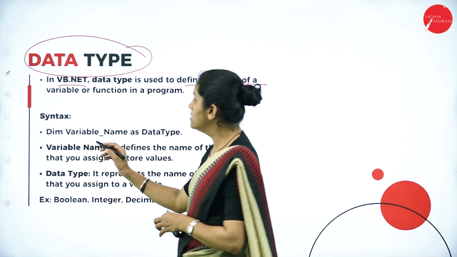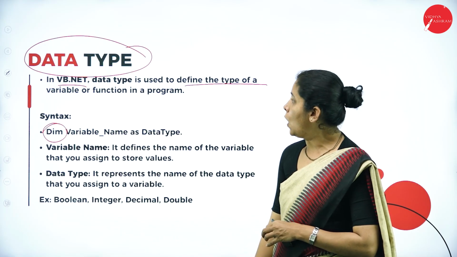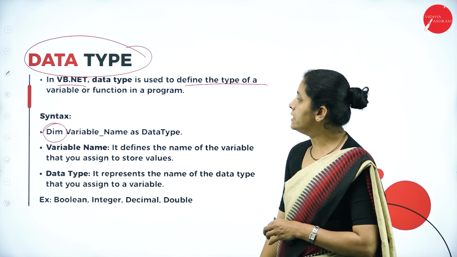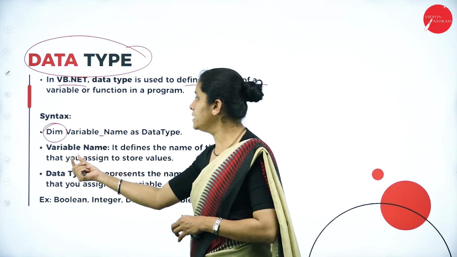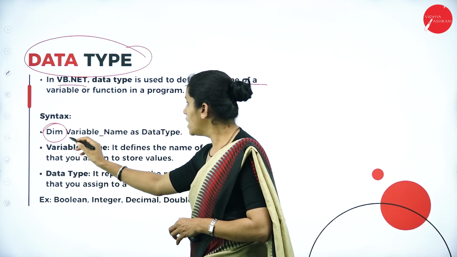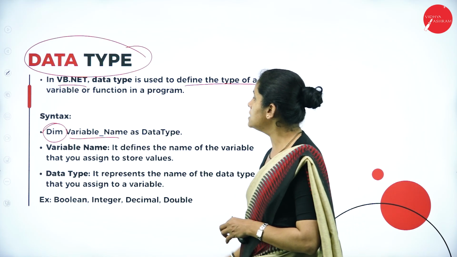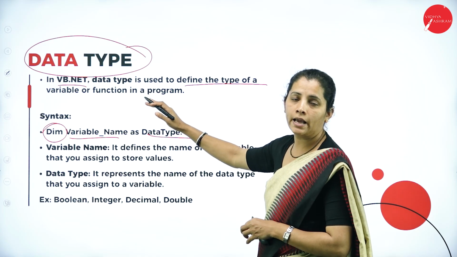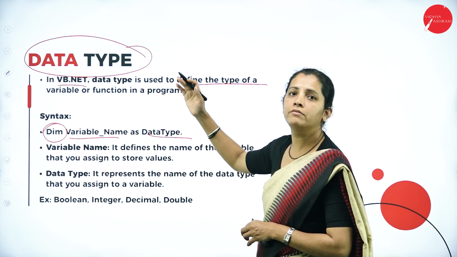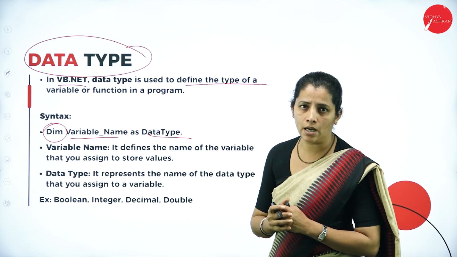See the difference? Suppose I want to define a variable, how am I going to define it? See here, I'll start with Dim, then the variable name, then As, then the data type. If I consider data types, I can have Integer, Double, Character. So there are so many data types.